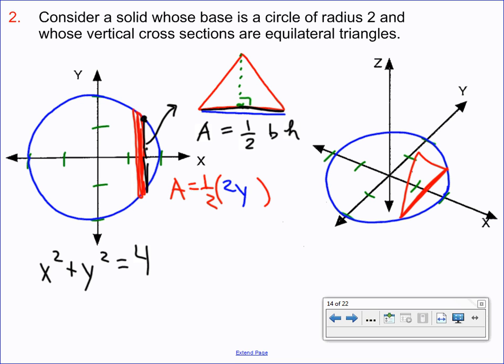And then I need times the green height of that triangle. Well, this is an equilateral triangle, so when I drop this altitude perpendicular to the base, it results in the creation of what little triangle? What special triangle? 30, 60, 90, where the ratios of my side lengths are, well, this would be 2y, so this would be 1y, so this would be root 3 y.